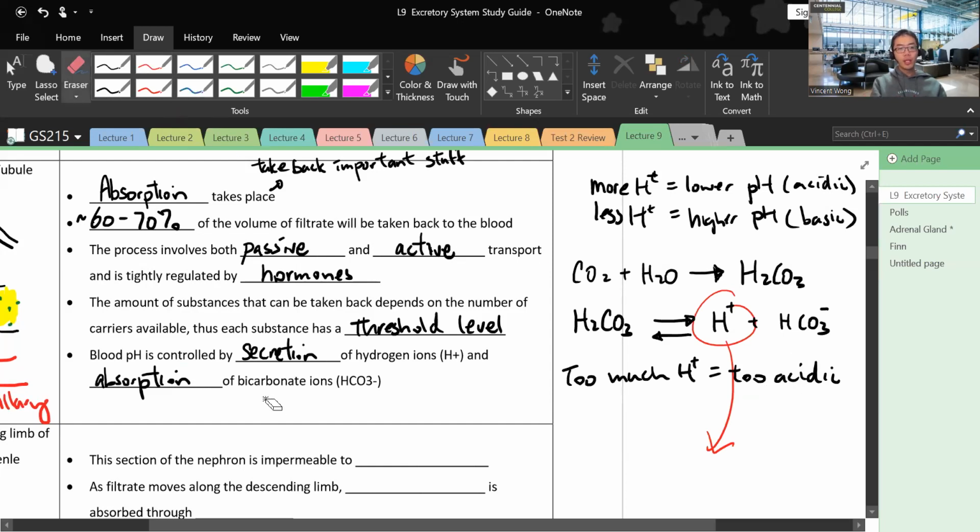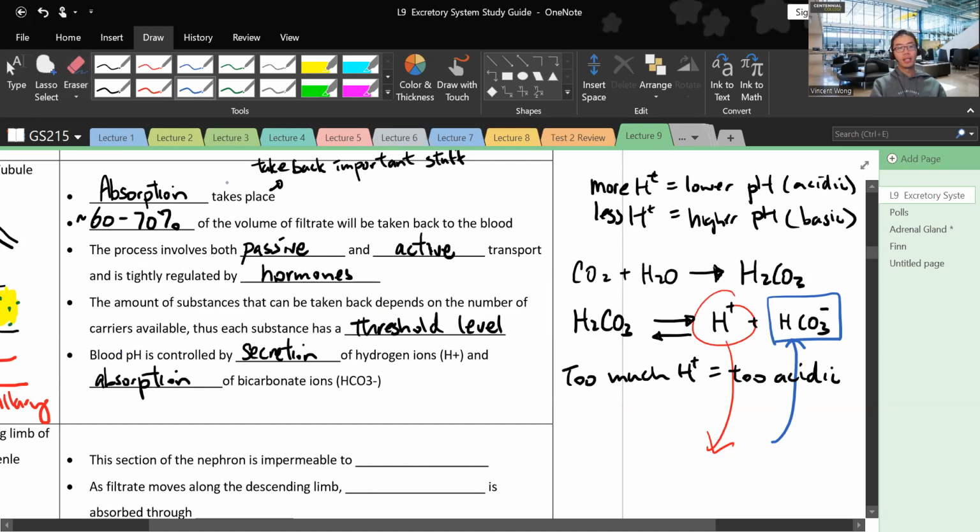Another thing we can do is absorb bicarbonate. We can take back bicarbonate. The extra bicarbonate that we absorb will combine with the H+, kind of mop them up, and turn it back into H2CO3. So by actively getting rid of H+ and then taking HCO3- and combining it with H+, we can lower the acidity of the blood.